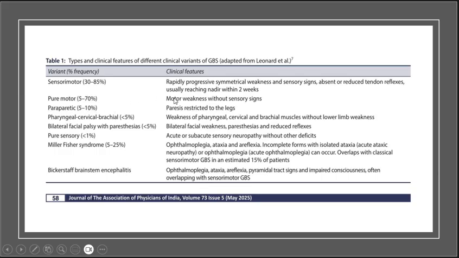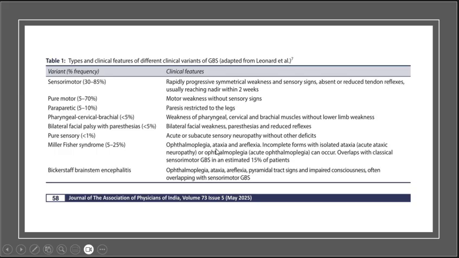In the paraparetic variant, the paralysis is usually restricted to the legs, and it can usually be confused with spinal cord involvement. In the pharyngocervicobrachial variant of GBS, the weakness is usually pharyngeal, and these patients present with dysphagia or dysarthria, with a descending paralysis.